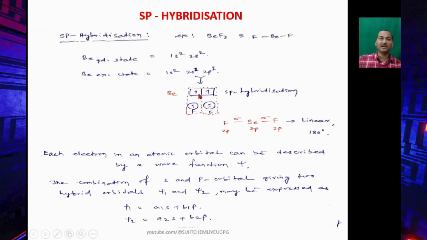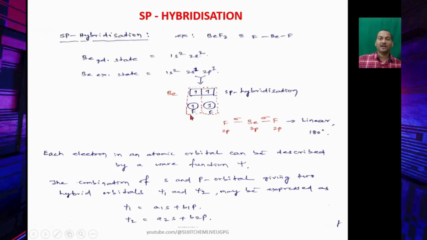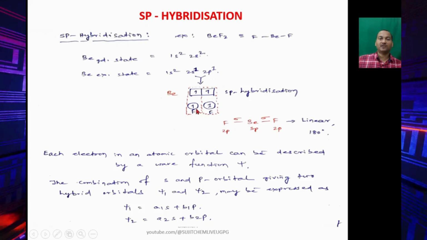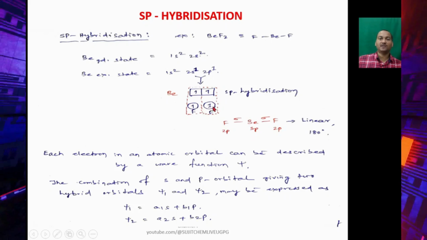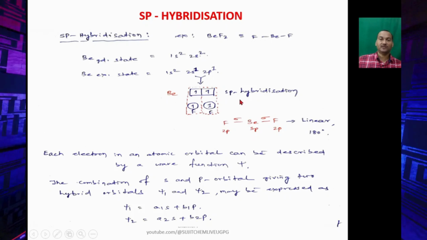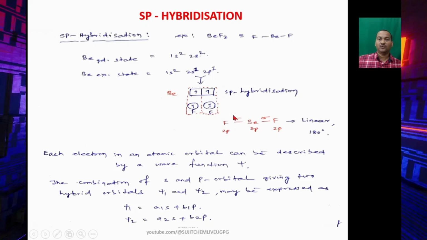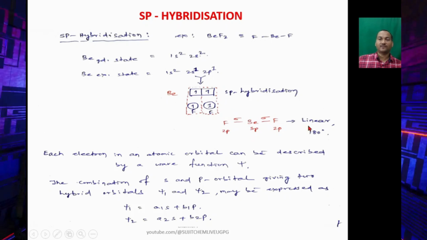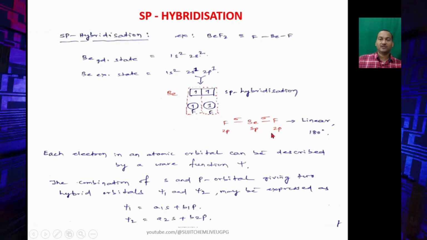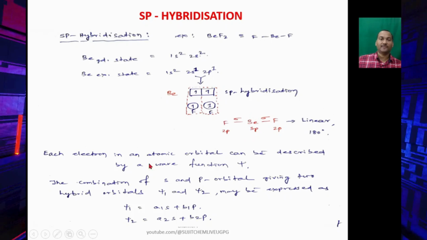So these two unpaired electrons can overlap with the unpaired electron in each of the 2 fluorine atoms, so you get the BeF2 molecule. So you have sp-2p sigma bonds. So this is the linear structure for beryllium fluoride.